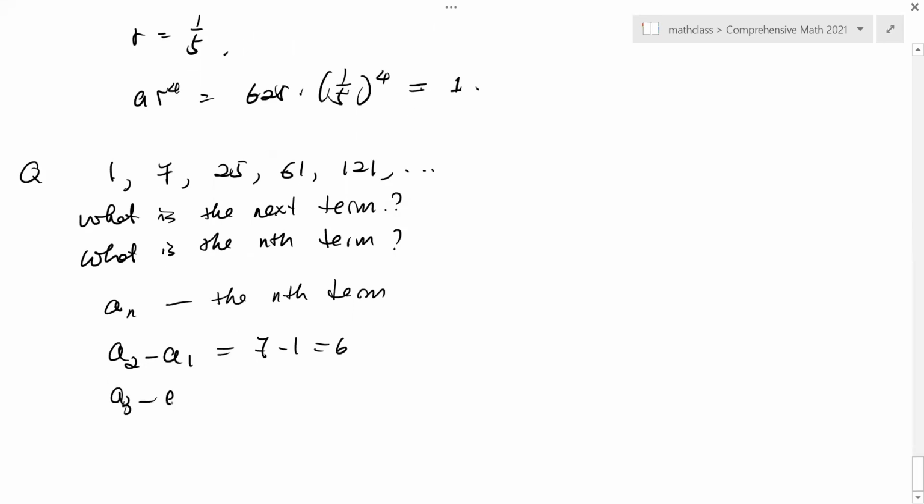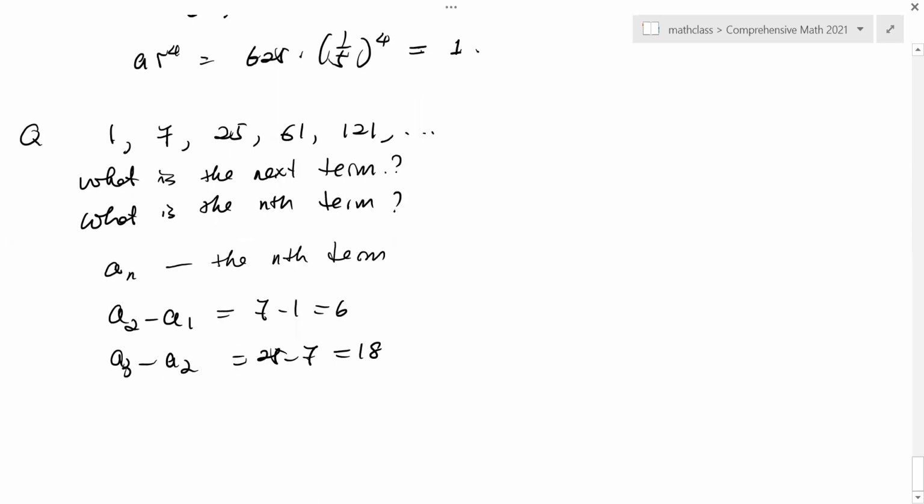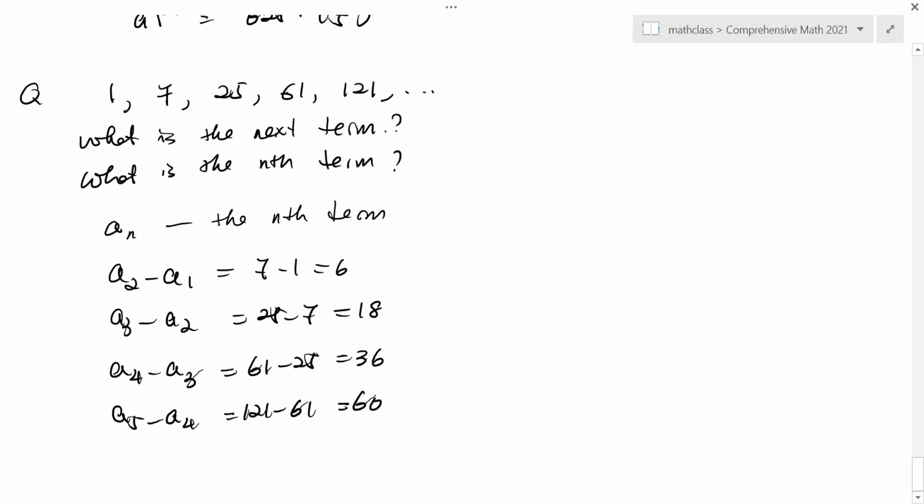And then A3 minus A2, that's 18. The difference between 6 and 18 is just 3 times. A4 minus A3 is 61 minus 25, which is 36. Then A5 minus A4, let's finish all of them: 121 minus 61 is 60. So we stop here.